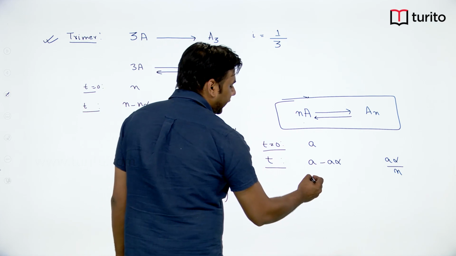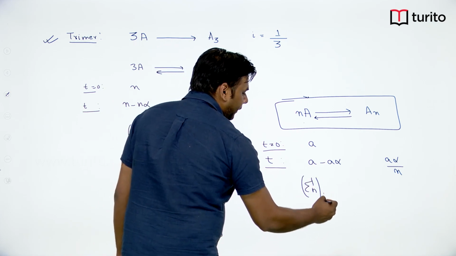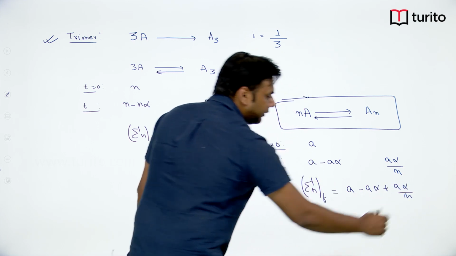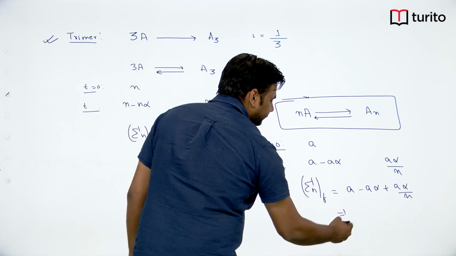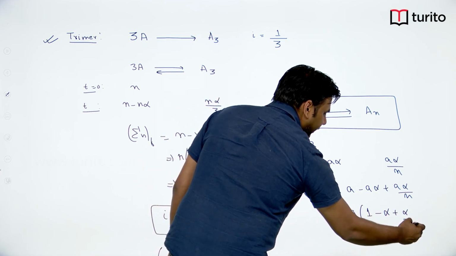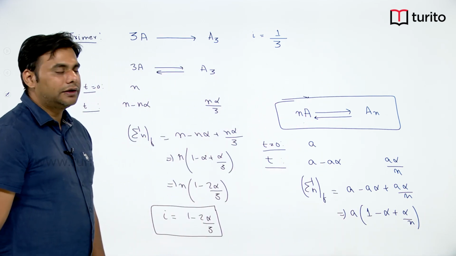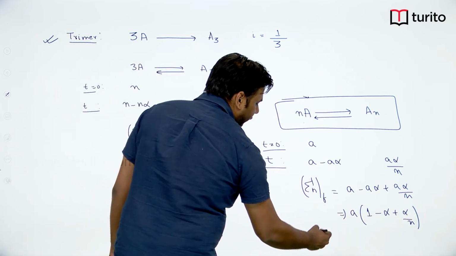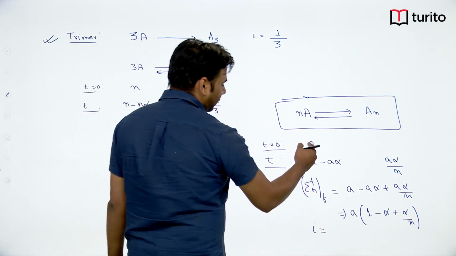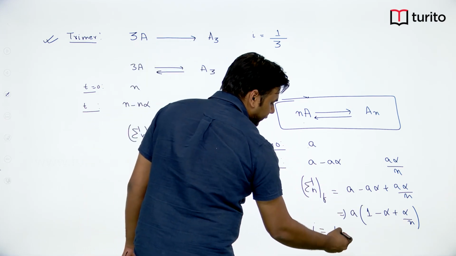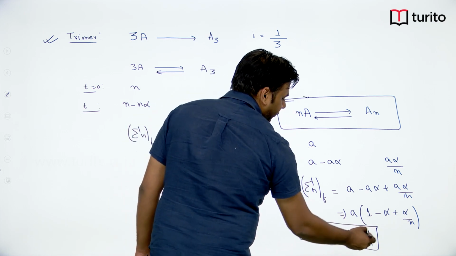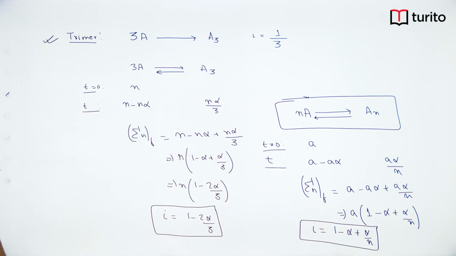So the total number of particles finally is a minus a alpha plus a alpha by n. We can take a common, so this is 1 minus alpha plus alpha by n. This is the total number of particles finally. So Van't Hoff factor would be the total number of particles finally divided by initial particles. The initial number of particles was a, so they get cancelled out, and we get this expression. Hope this is clear to you. Hope you are writing it also.